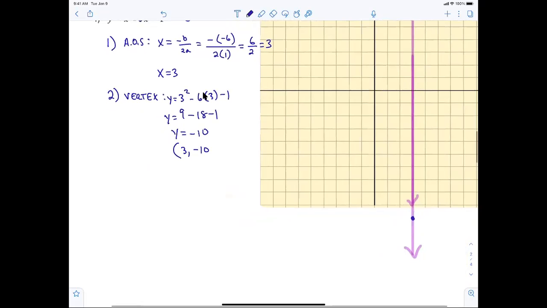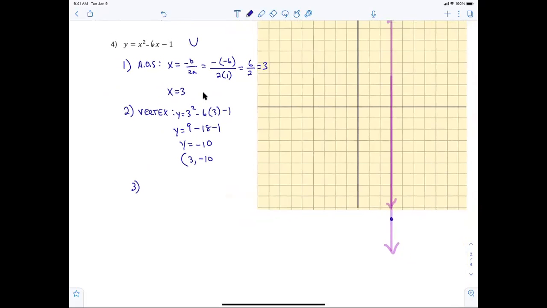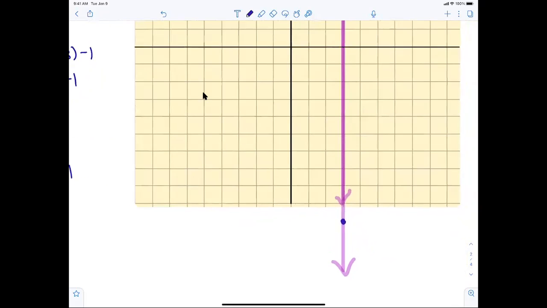Okay, step number 3. What is the y-intercept? 0, negative. Yes, 0, negative 1. So everybody graph 0, negative 1. How far away am I from the axis of symmetry? 3, right? So because I am 3 units away, I must move what?